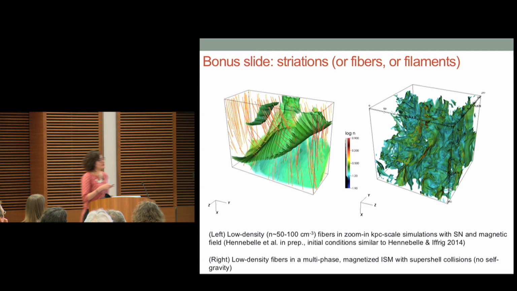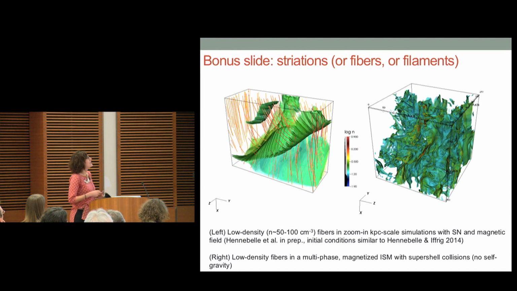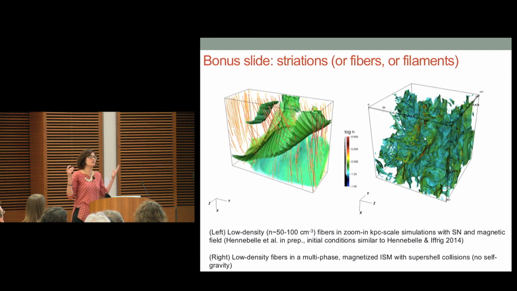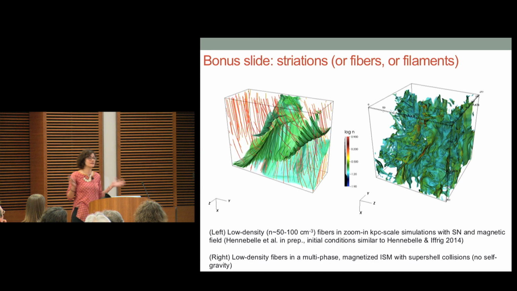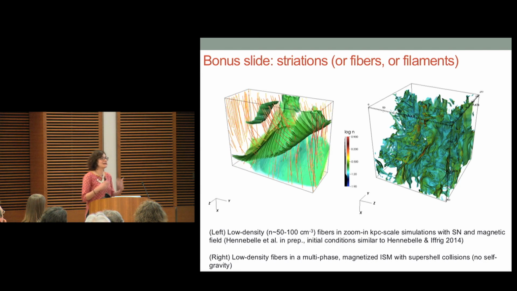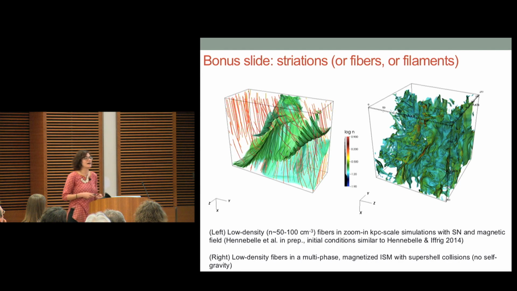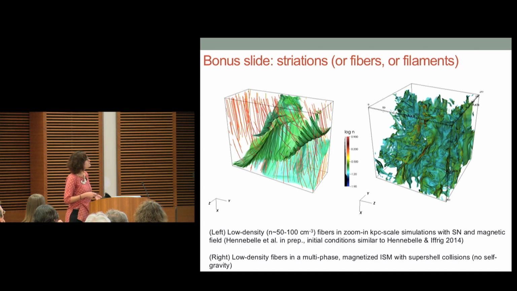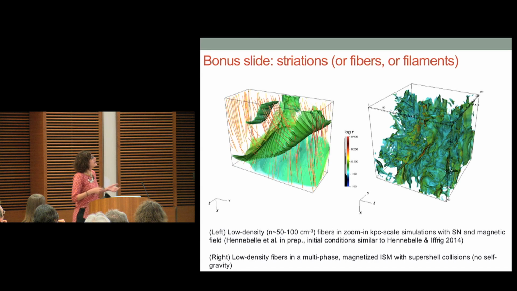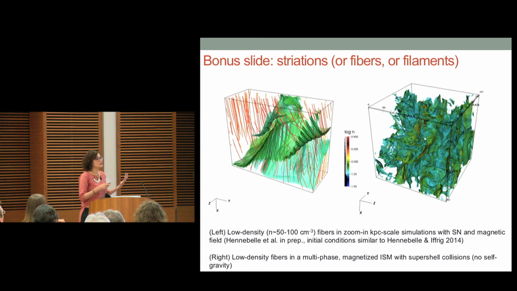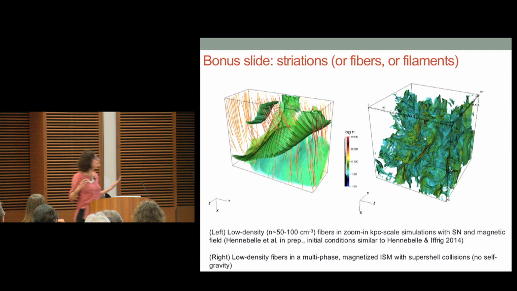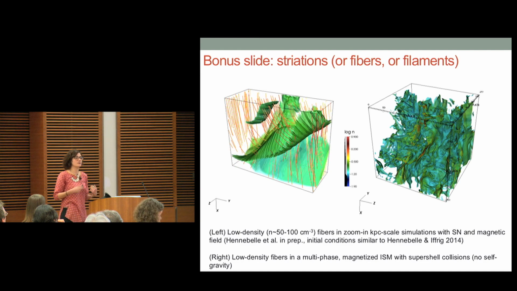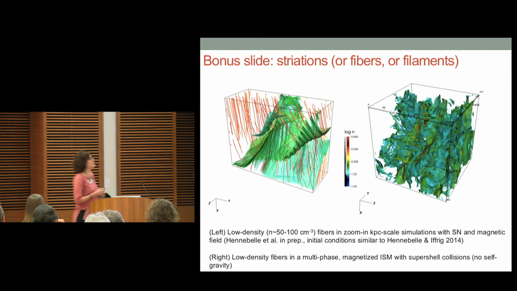So this simulation is a big volume, a 50 parsec volume of 1 kiloparsec scale galactic simulation with feedback and adaptive mesh refinement, which goes down in resolution to 0.01 parsec. And well, one day, Patrick Hennebel came to us and showed us these big filaments and striations inside his simulations, and we're supposed to explain where they come from.